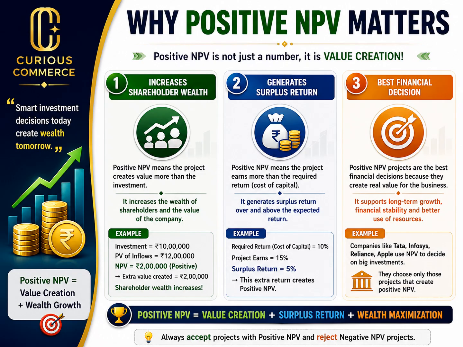This is different from simply saying that the company earns an accounting profit. NPV focuses on cash flow, the time value of money, and the required return. That's why NPV is considered a strong capital budgeting technique. It helps management answer: will this investment create economic value or not?